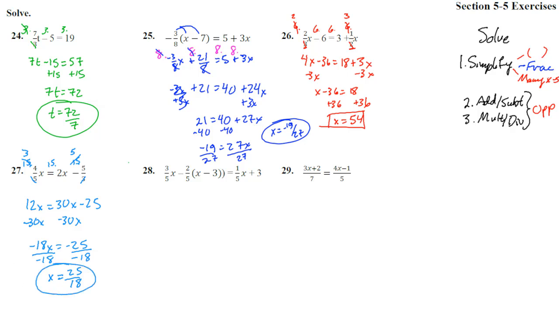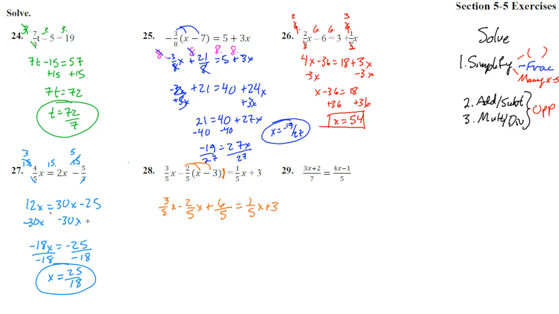Okay, number 28. Oh, here we have parentheses. Oh, looks like they added just a little bit of extra parentheses there. So jump that guy in, we get 3/5 x minus 2/5 x plus 6/5 equals 1/5 x plus 3.